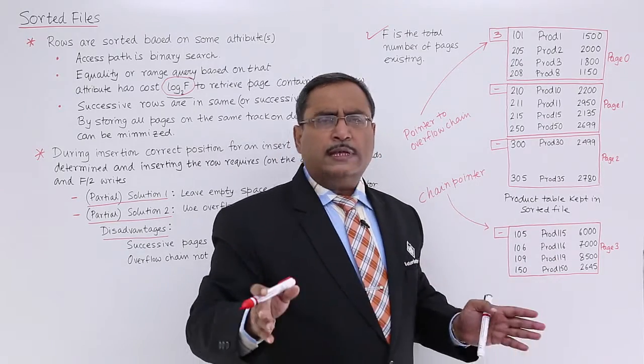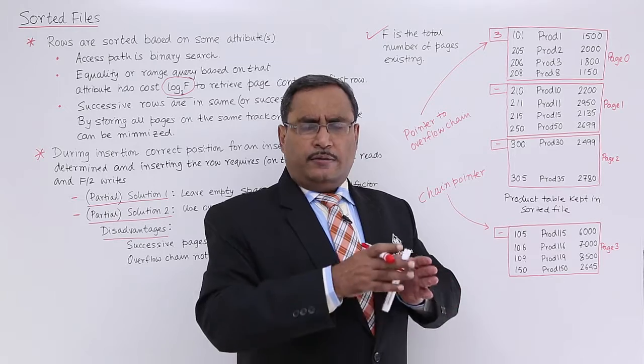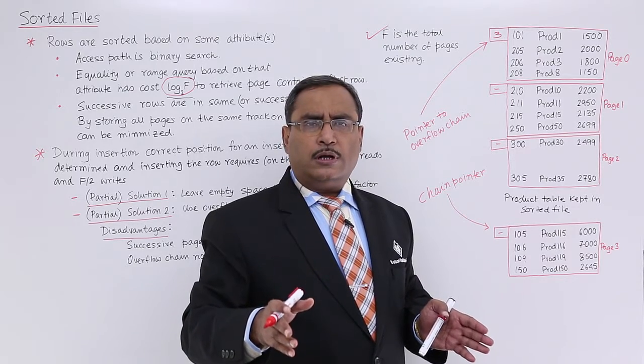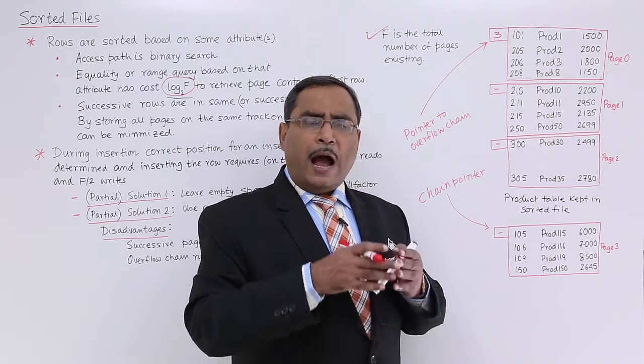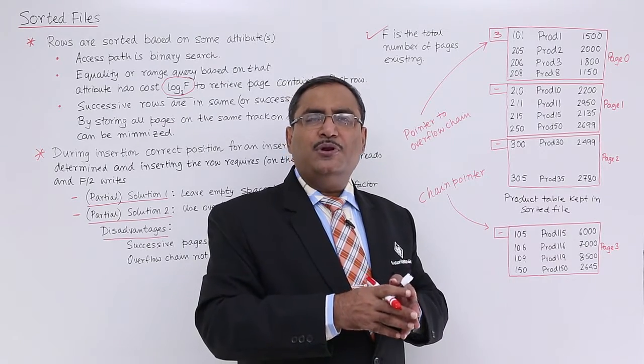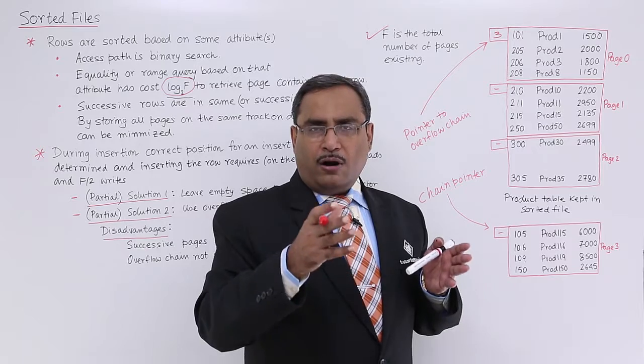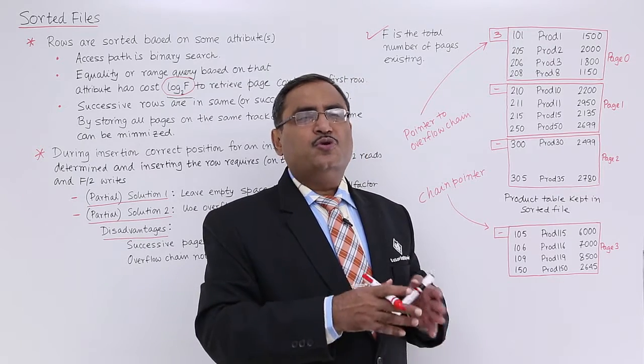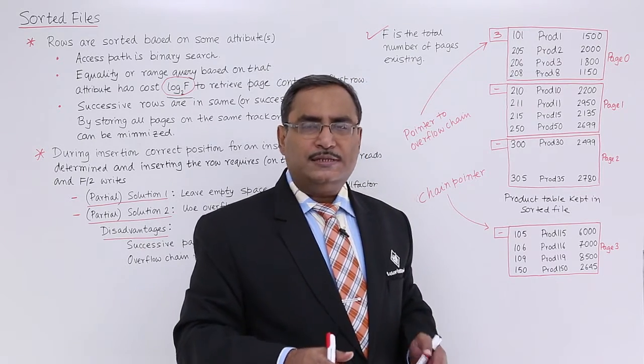So contiguous allocation has been hampered, and arranging tuples in sorted order has been hampered, so binary search cannot be applied there. The searching complexity will no longer be log of f to the base 2. So many disadvantages come into the system.